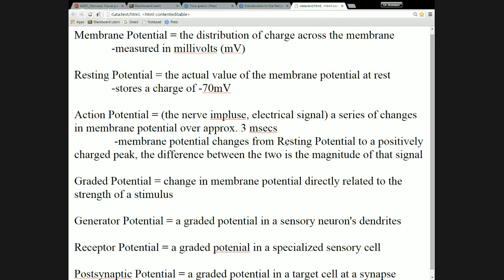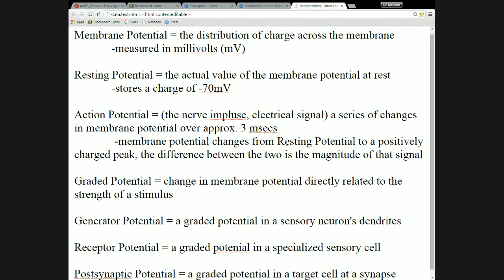Now, if it's a fairly weakly cold stimulus, probably not enough neurotransmitters will be released at that synapse, and the postsynaptic potential will be very weak. If it's a very, very cold stimulus in the hand, when it gets up to the brainstem, there will be a lot of neurotransmitters released, and that'll cause a stronger graded potential or postsynaptic potential.